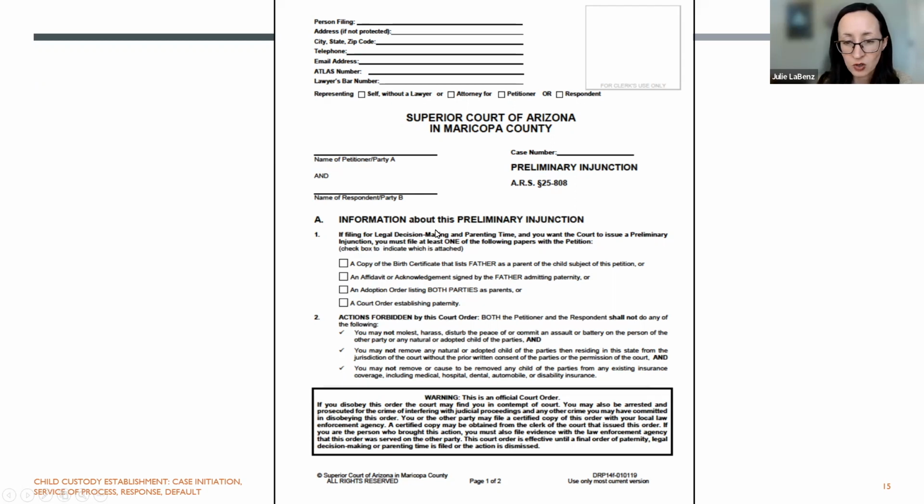And then if the court's going to issue this preliminary injunction, it orders both parties to not molest, harass, disturb the peace, or commit an assault or battery against each other or any child they have in common. And neither party can remove any children they have in common from Arizona and from the jurisdiction of the court without prior written consent of the parties or permission of the court.